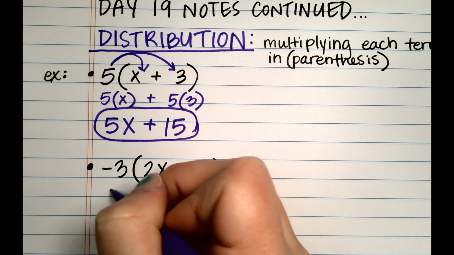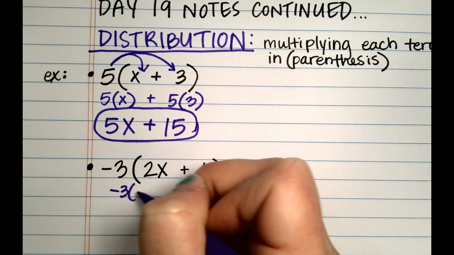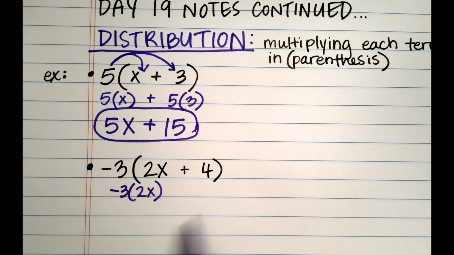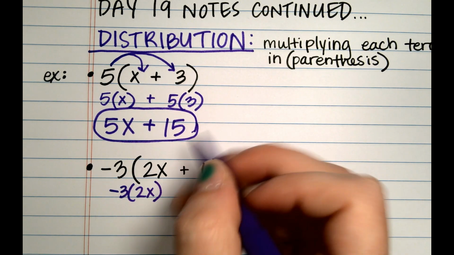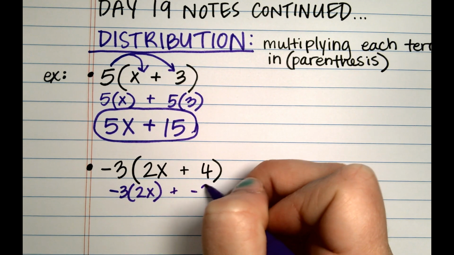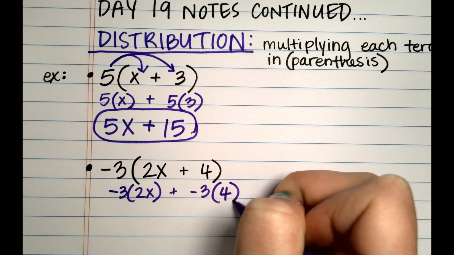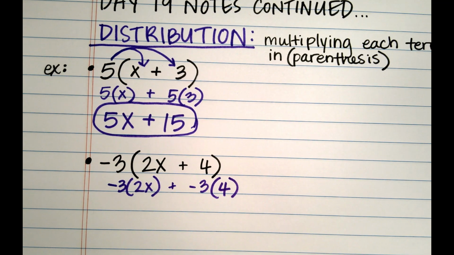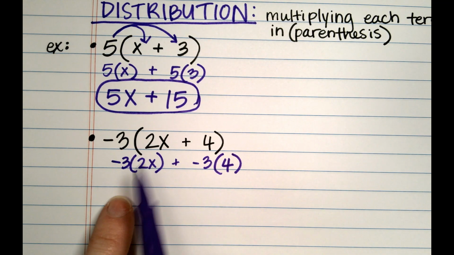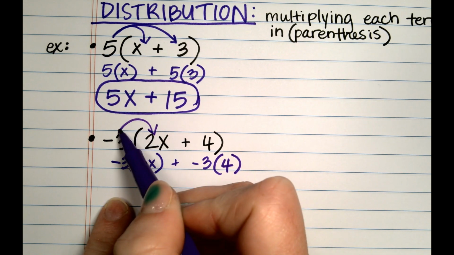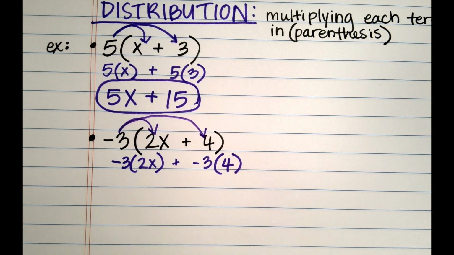I'm doing -3 times 2x, and I'm also doing -3 times 4. Let me draw my arrows. Sometimes those arrows help us visualize it.